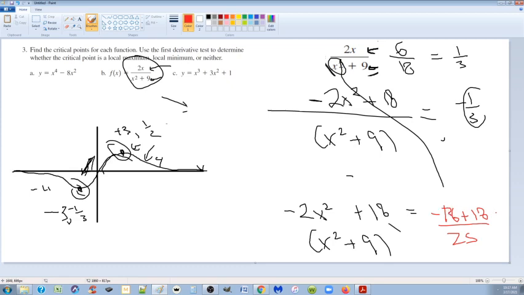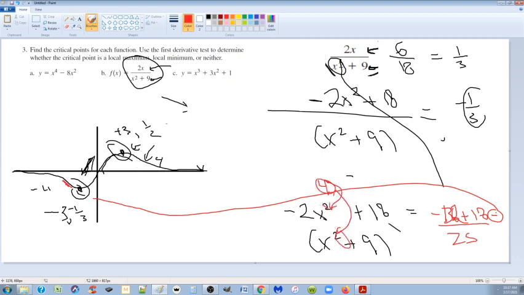Yeah, it's negative 32, sorry. And I can see I get a negative number, which tells me the slope here is negative. And if I do it for positive 4 now, I get the same result, because 4 squared and minus 4 squared are the same thing. So I'm dealing with negative 14 over 25. So that tells me both slopes are going down here and here, which tells me I'm dealing with a min and a max.